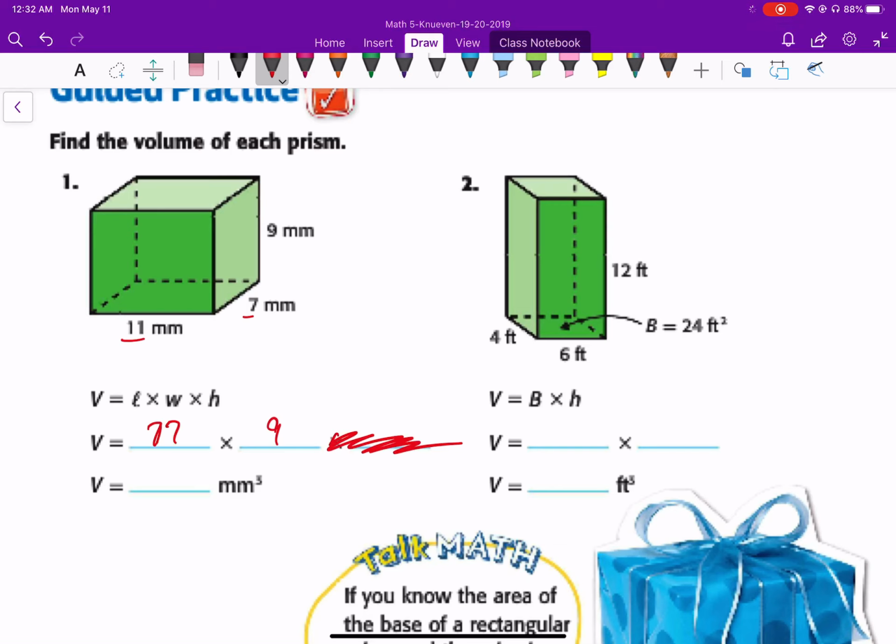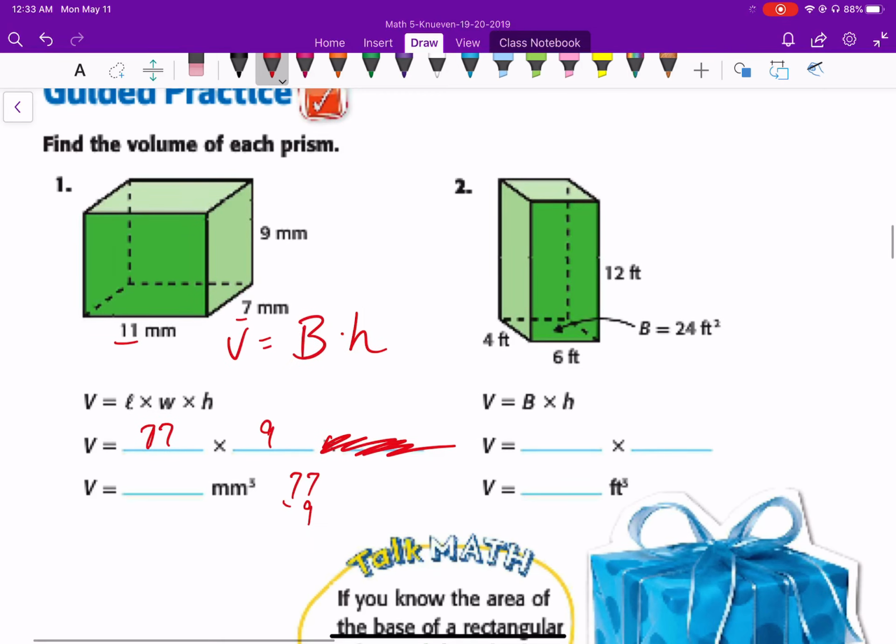It's what makes sense to you. In this example, I'm using big base times the height to give my volume, because mentally I can just look at this and say 11 times 7 is 77. So now on the side, I simply do 77 times 9.